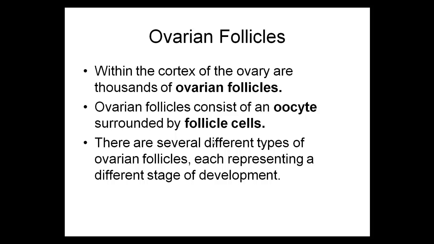Initially we have millions and millions of those ovarian follicles, and they are primordial follicles at this point. But at birth, most of these are already dead, and from birth to puberty, even more will die. So at puberty, the woman will have approximately 200 to 400,000 oocytes that are still viable. And this is, of course, just an estimate.